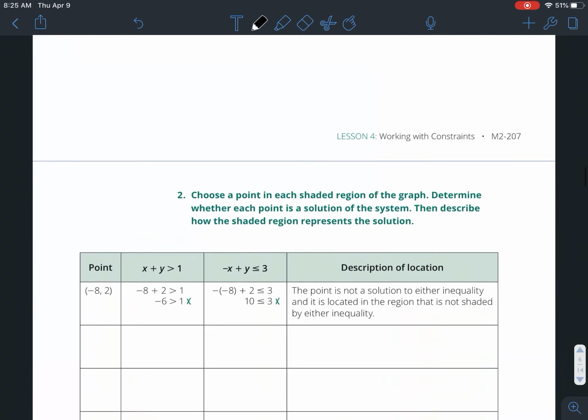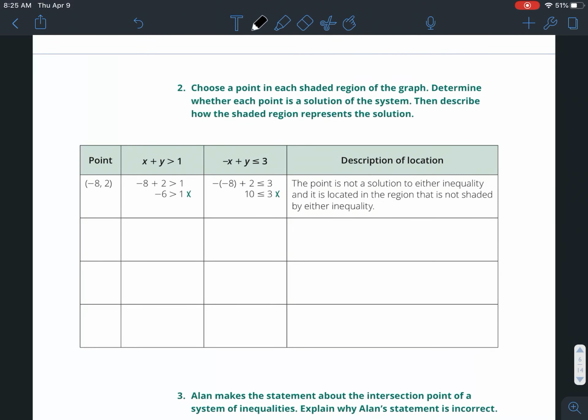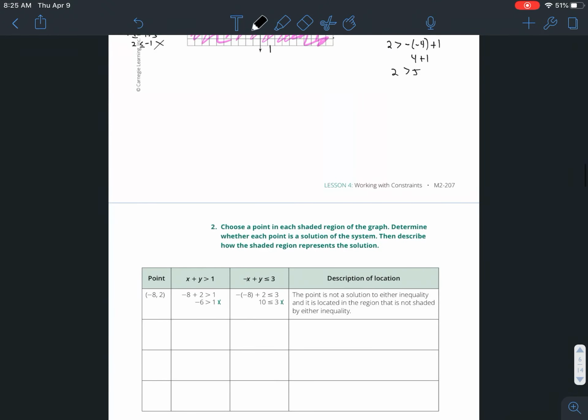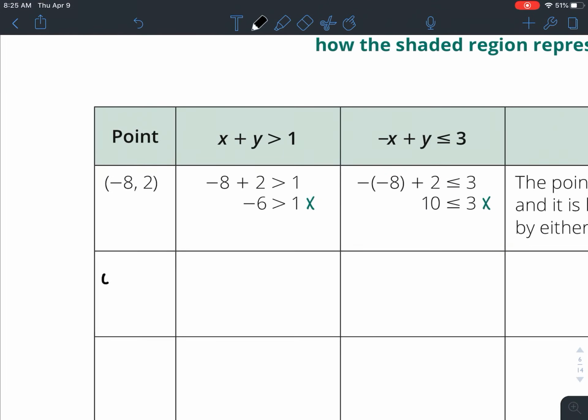All right. Now, let's look at number 2 here. So number 2 says choose a point in each shaded region of the graph. Determine whether each point is a solution of the system. Describe how the shaded region represents the solution. So, excuse me, we essentially did this. So we'll just copy down kind of what we've done. So the first point we said 0, 0.